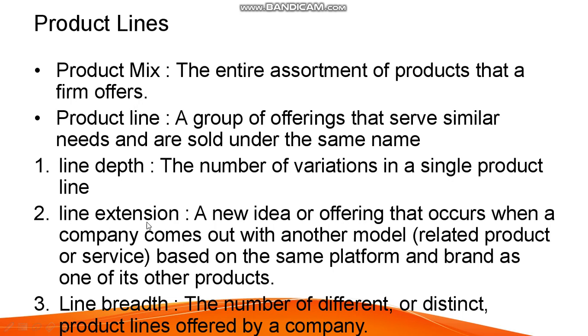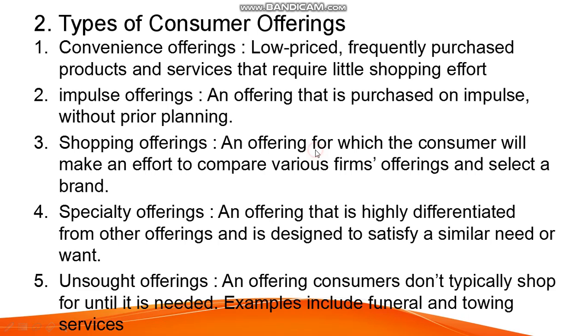Number 2 is line extension. It means a new idea or offering that occurs when a company comes out with another model, related product or service based on the same platform and brand as one of its other products. And number 3 is line breadth, the number of different or distinct product lines offered by the company.